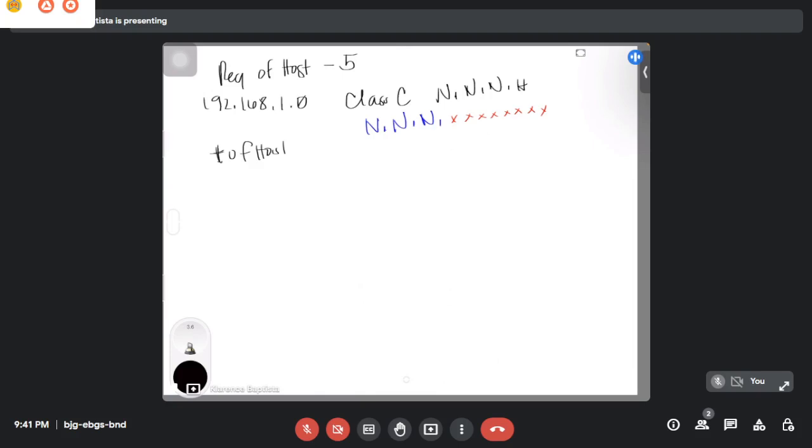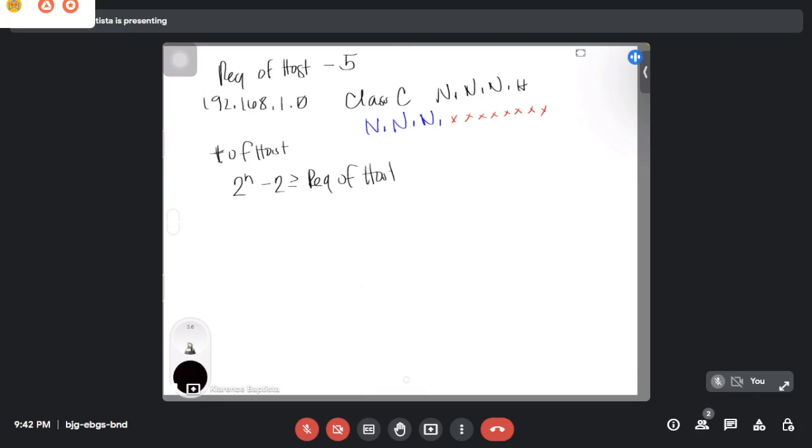Ano po yung formula? Same lang din po. 2 raised to h minus 2, which is also greater than or equal to the requirement naman of host.